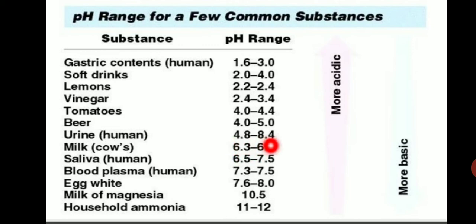It is slightly acidic in nature. Depending upon the human being, it changes. Milk, I told you, is mostly 6.5. Saliva, the blood, then egg, milk of magnesia, ammonia, etc.